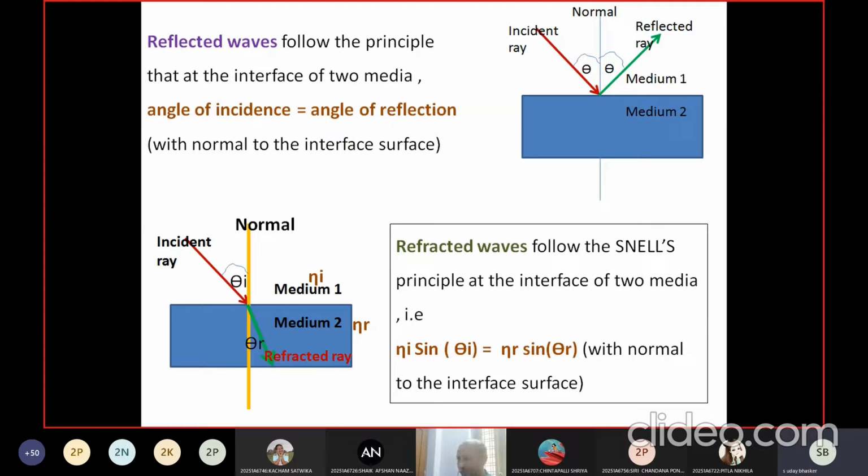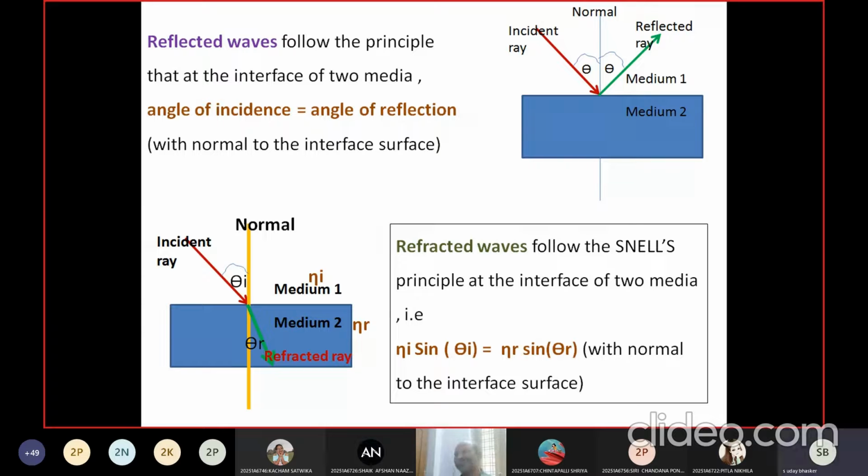Okay, right. Now I want to ask you: when the light propagates from rarer medium to denser medium, will it bend towards the normal or away from the normal?